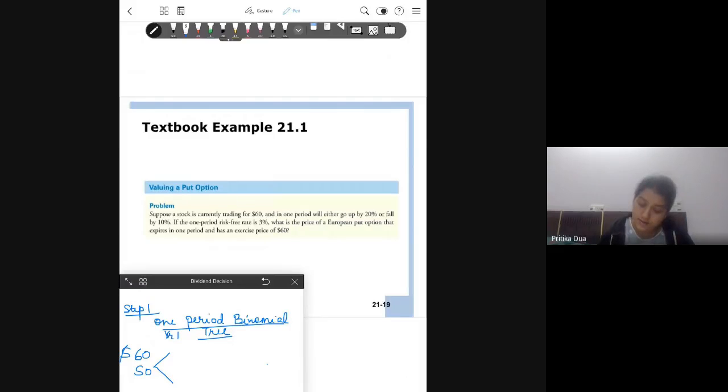Okay. Now this might go up by 20%. इसका मतलब year end पे value हो सकती है 72 or it might fall by 10% or the value can be $54. Okay. So this is your SU, stock का upper limit, and this is SD.